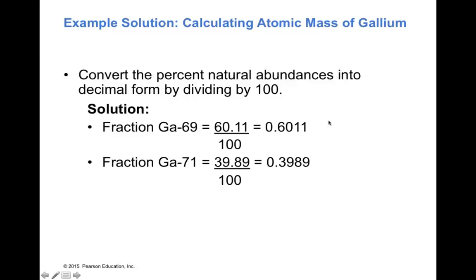Now we need to multiply these decimals by the atomic mass of each isotope.